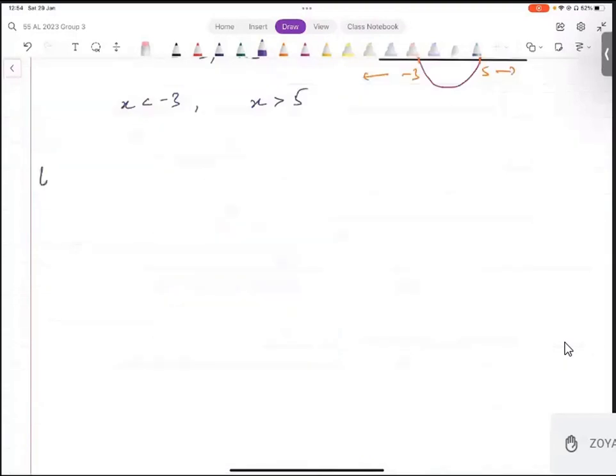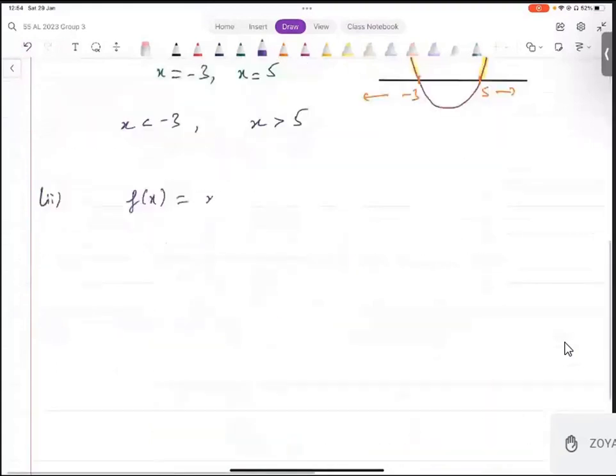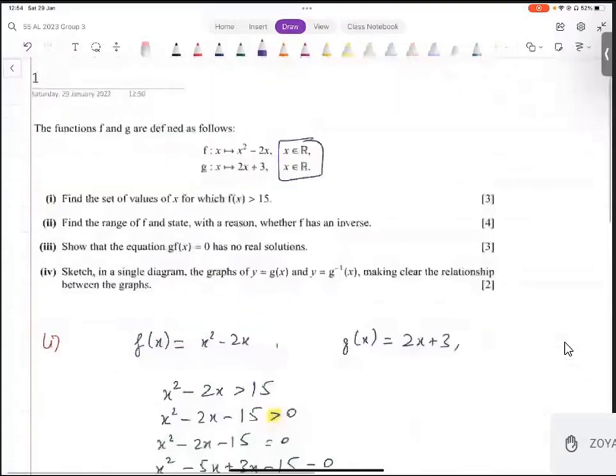F of x equals x squared minus 2x. That's the function f that we have.